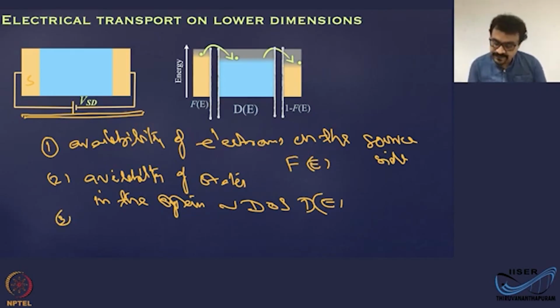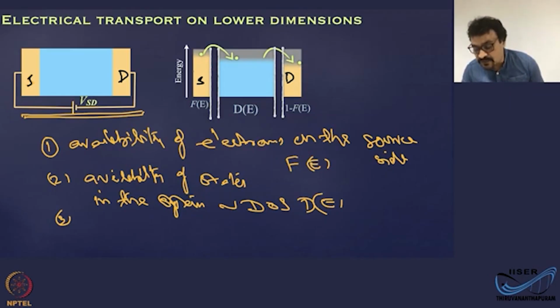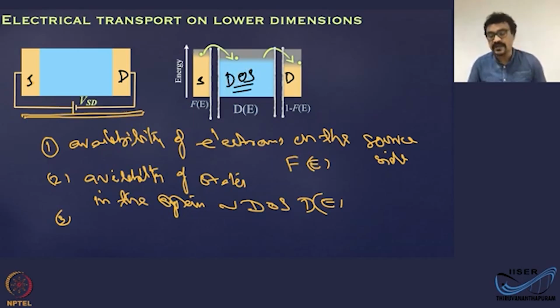So this is the source side, this is the drain side. We need to look at two factors. Number one, are there electrons available here? Are there empty states available on the drain side for these electrons to go and sit? And are there states available here? That is the density of states inside the system for the electrons to traverse through. And if there are states, what is their behavior as a function of the energy?